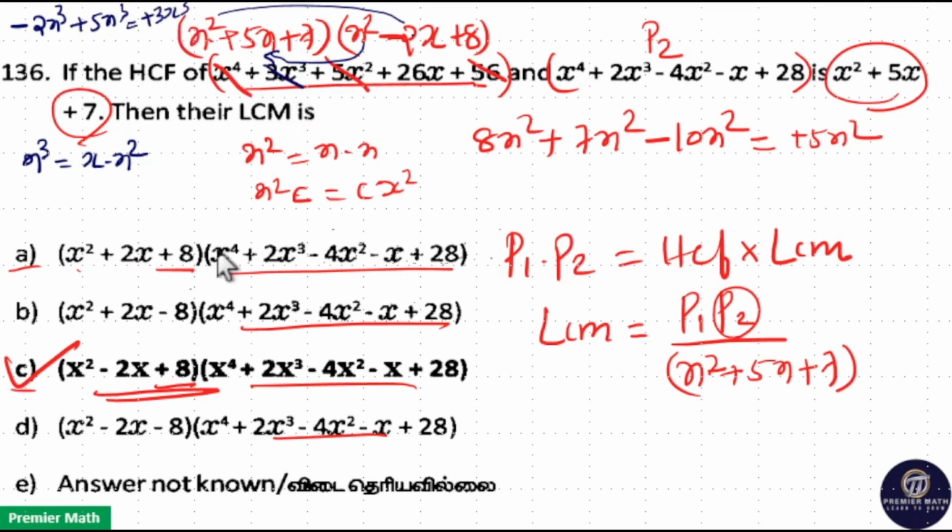So, that is also cancelled. Same way, x into constant will give you 26x. That is, here 5x into 8 is equal to 40x, and here minus 2x into 7 is equal to minus 14x, which will give you 26x. Just for your understanding, you don't have to calculate all these things. You just need to calculate any one of these middle terms.